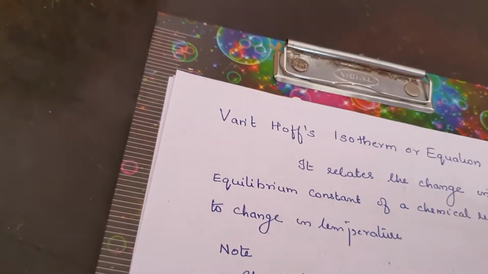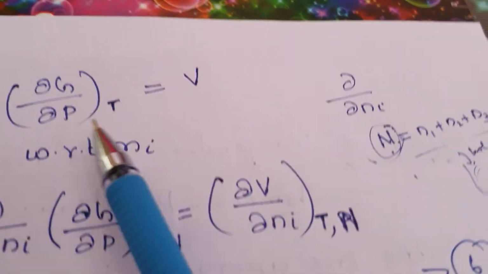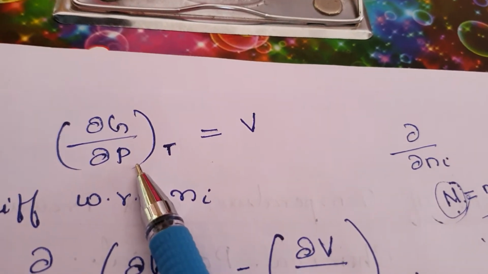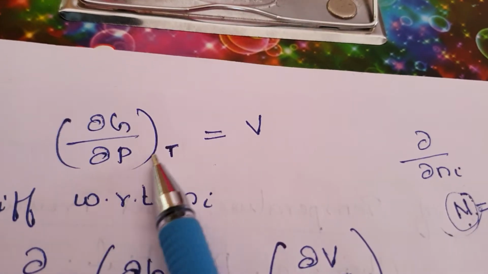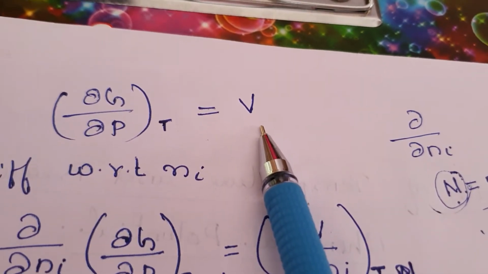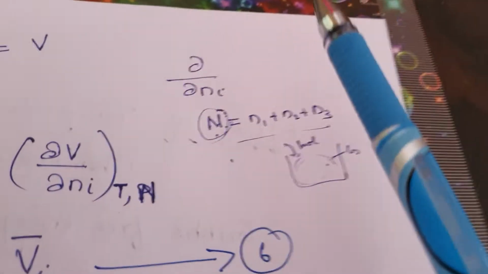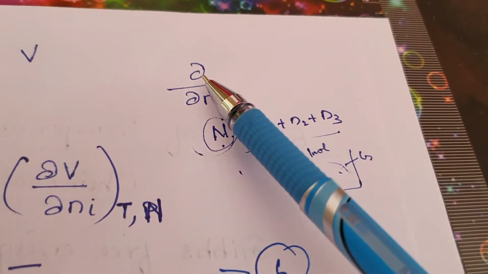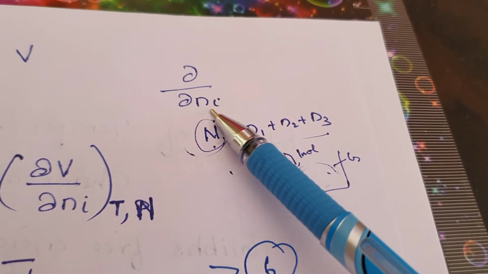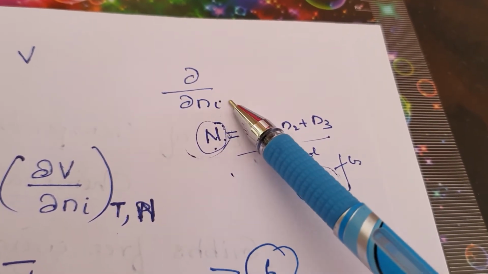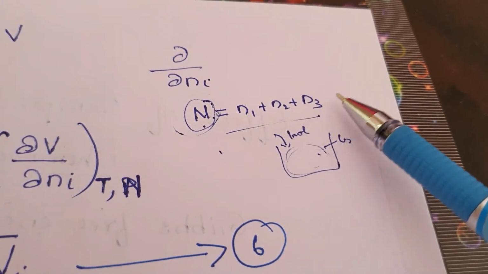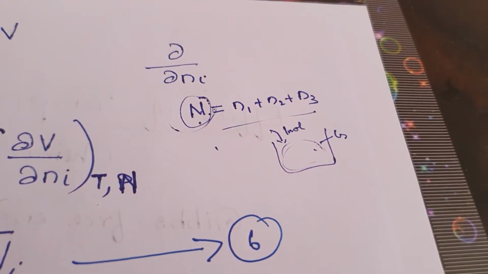Okay. Now we'll take the variation of chemical potential with pressure. So the basis is dou G by dou P at constant temperature is equal to V. Now what is a chemical potential? Chemical potential is any quantity differentiated with respect to Ni, that is the number of moles of the ith component. Then N is equal to N1 plus N2 plus N3 up to Ni.